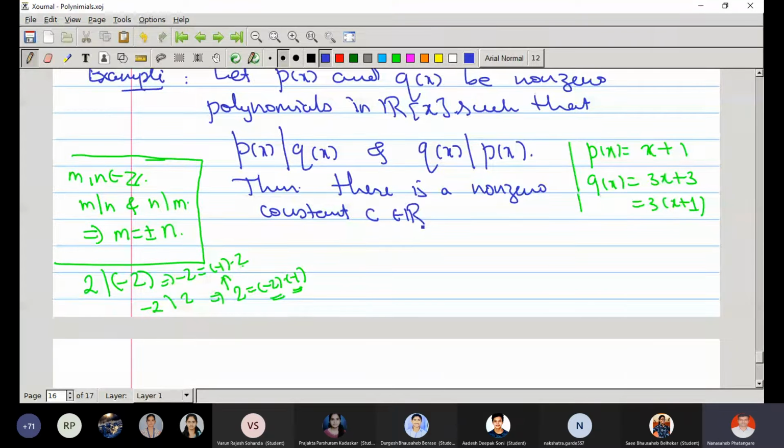Right, p(x) is equal to constant times q(x).